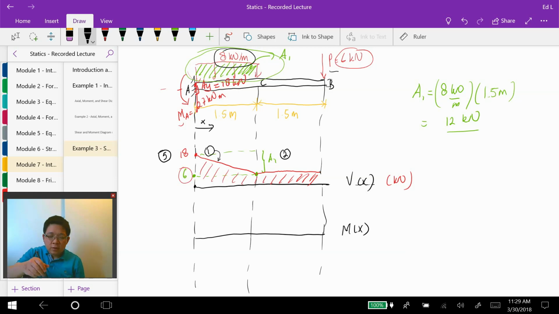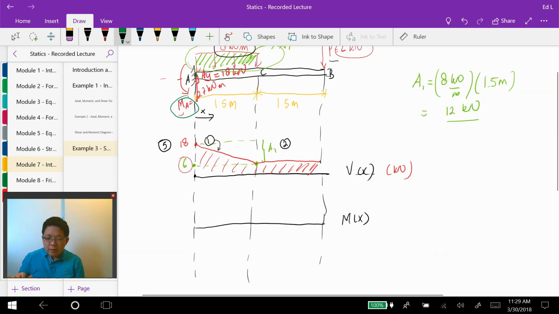Okay, so in here we see that we have MA, which is the reactional moment at A, and it's going counterclockwise. We have learned that if we have a moment that's going counterclockwise, then the moment diagram will jump downward.